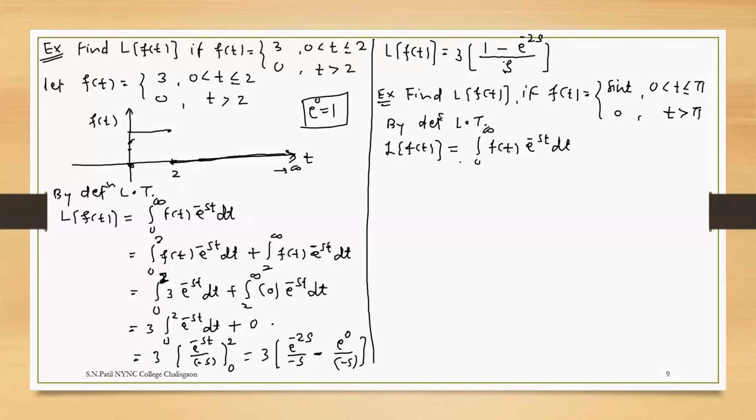Since the problem is divided into two parts, we write the integral as the integral from 0 to pi of f of t e raised to minus st dt, plus the integral from pi to infinity of f of t e raised to minus st dt.